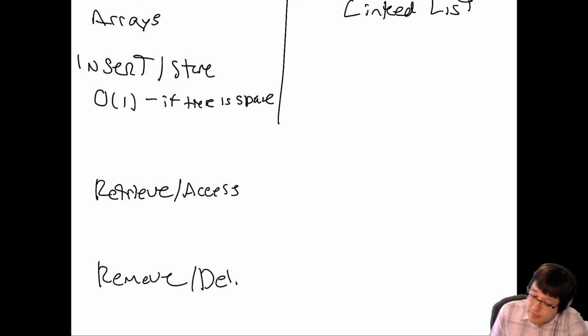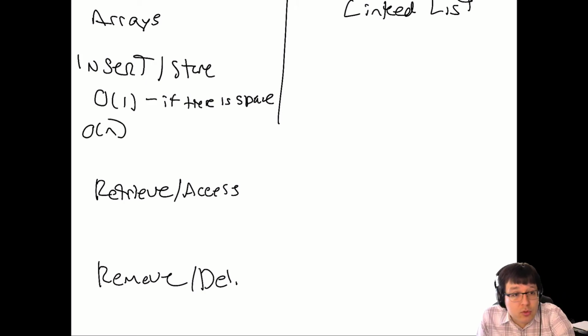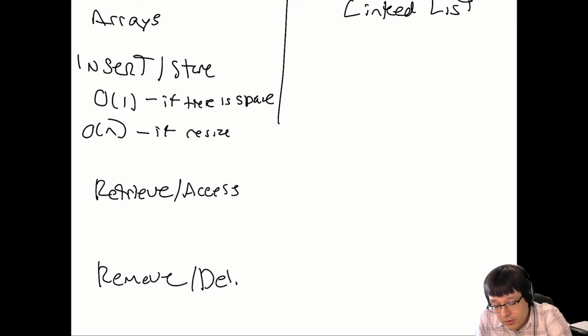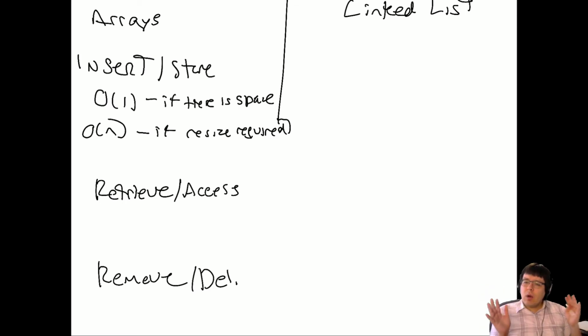On the other hand, as you all have pointed out, if you have to resize, it's going to take O of n if a resize is potentially required. Now, why O of n? Well, remember, we think of big O as the worst case scenario's upper bound, right?